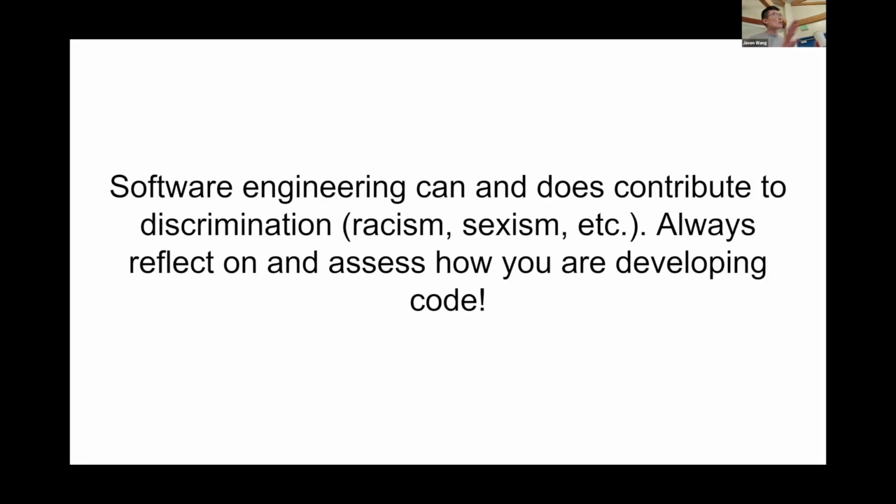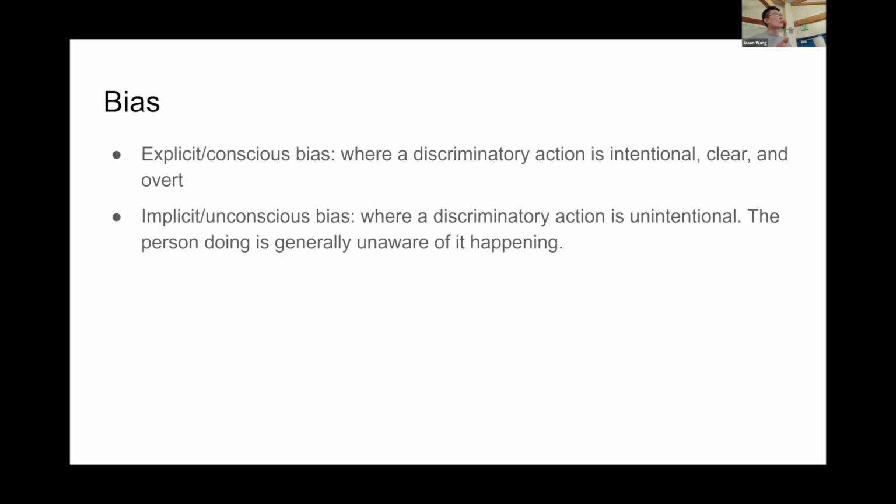Before we dive straight into software-related things, just to contextualize everything, I want to talk a little bit about bias. There are two kinds of bias or discrimination. One is explicit or conscious bias. This is where discriminatory action is intentional, clear, and overt. And then there's also implicit bias or unconscious bias, where a discriminatory action is unintentional.